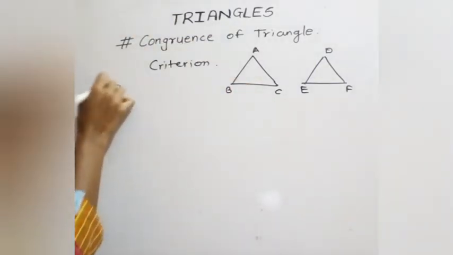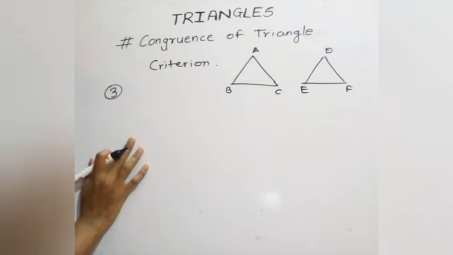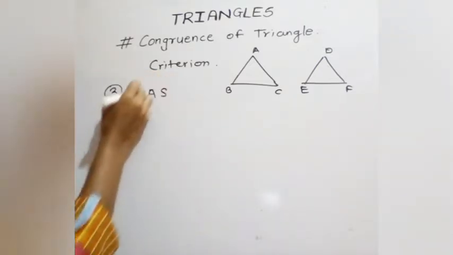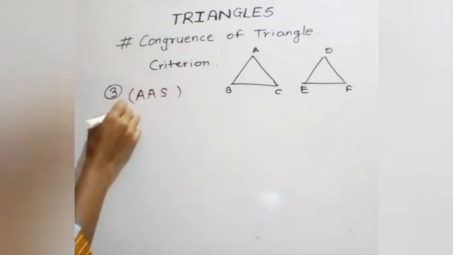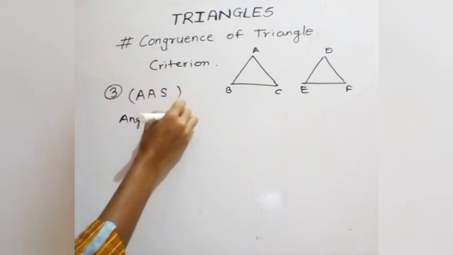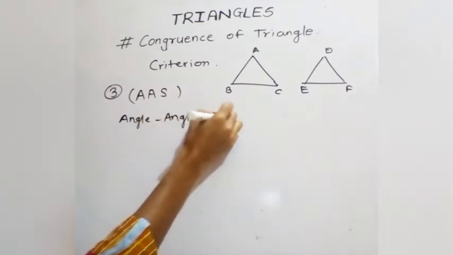Now let's understand the third criteria of congruence of triangle. The third criteria is angle, angle, side, AAS.